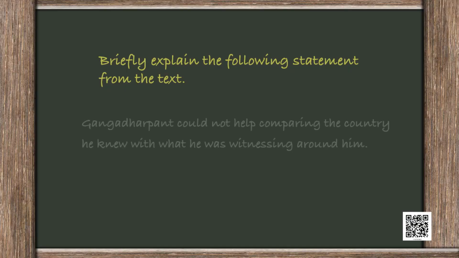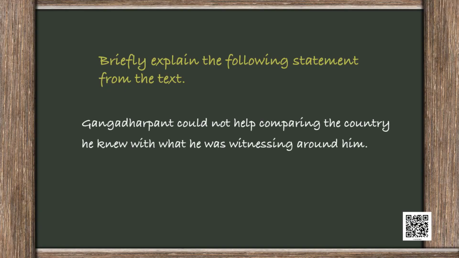Gangadhar Pant could not help comparing the country he knew with what he was witnessing around him. Yeah, because Gangadhar Pant in the story first is in independent India, which is after 1947, in which India has been partitioned. The British have left, but the place he lands up in, Bombay, is still in British control, very much like Hong Kong was in British control for 99 years. While Peshawar is a part of India, so India has not been divided in this alternate universe.